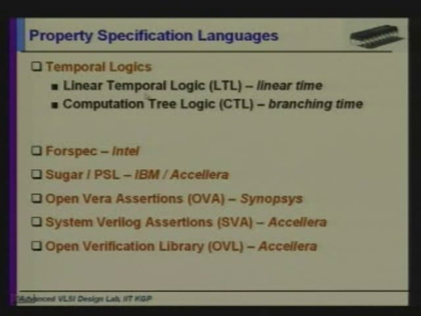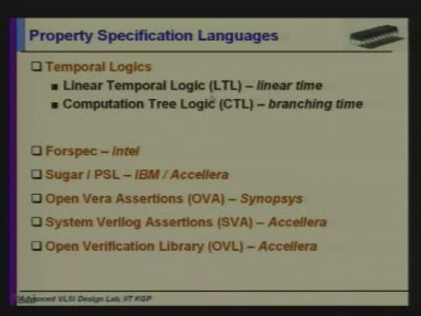Now we can use linear time temporal logic or computation tree logic, CTL, that is branching time. I will describe what is meant by linear time and branching time. These are the two major classes of temporal logics. But one thing we need to remember is that commonly specified temporal logic is propositional temporal logic. That means we reason about propositions in each state and over time.